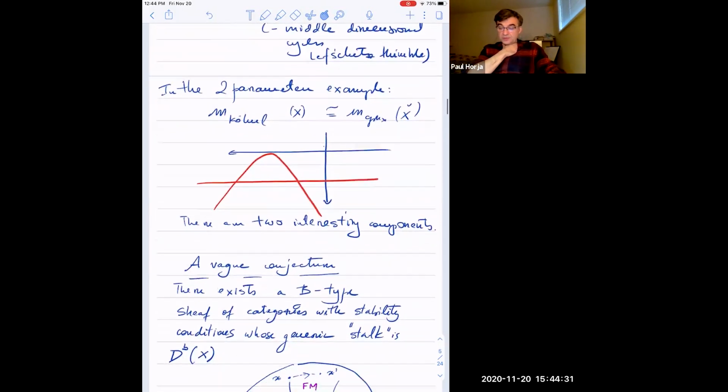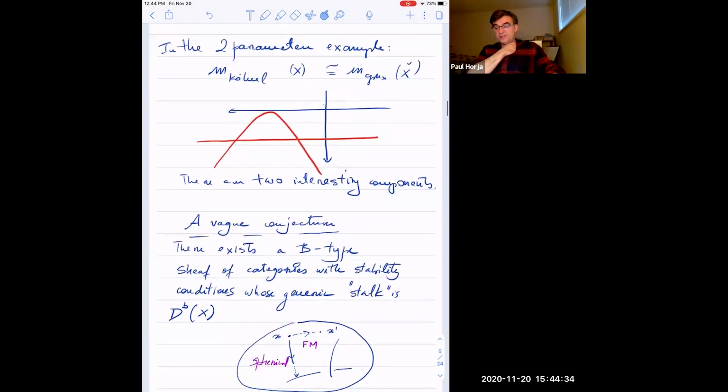And so the picture that one sees here, in this example, is something like this. It's a simplified picture, obviously. This is the region of the moduli space.